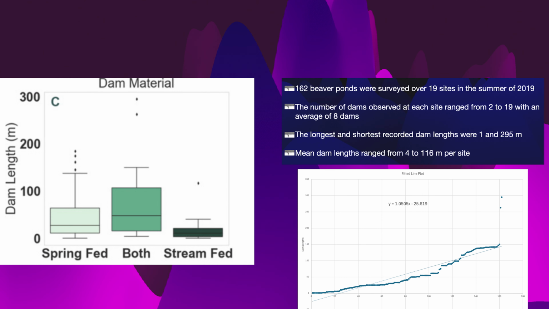Nice going, Sam. Okay, and then there's our fitted line plot as well. There's interesting stuff in there, but none of it's concrete. It is interesting because it's both. I just wish there was more, but with the approximation, it was interesting to see where the data could have potentially landed.